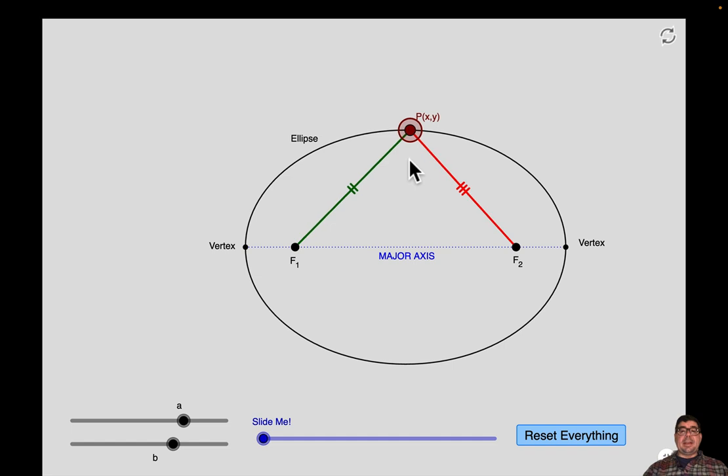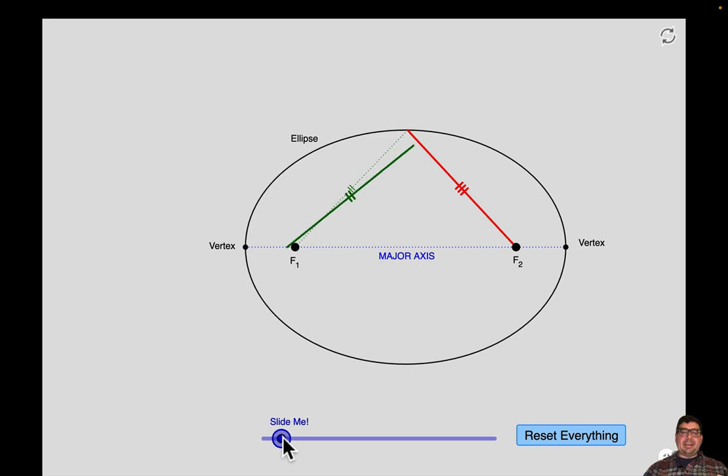Now imagine I'm right on the minor axis, so right above the center of the ellipse. You can see in this case, it's an interesting observation, that these pieces are now precisely the major radius. It's kind of an estimate here, right?